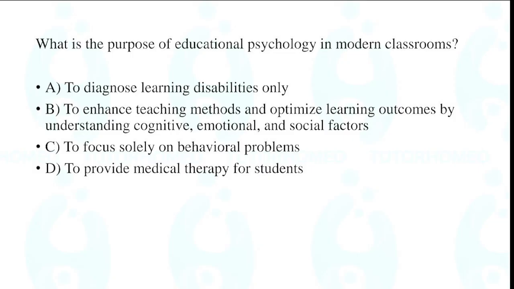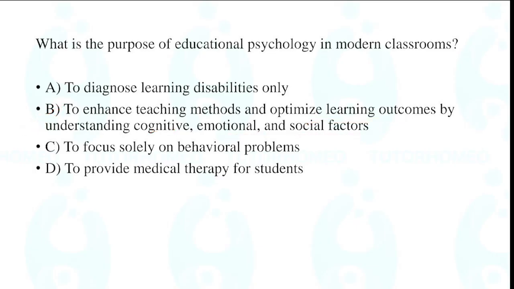See, the entire thing, may it be the chapters which we have learned in the NTT syllabus, everything is always based on improving the learning techniques, right? So educational psychology in the modern classroom, the purpose of it is to enhance the teaching method, and to optimize the learning outcomes by understanding the cognitive, emotional, and social factors of the student.